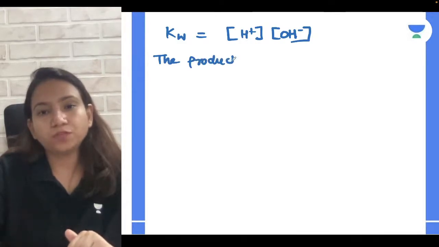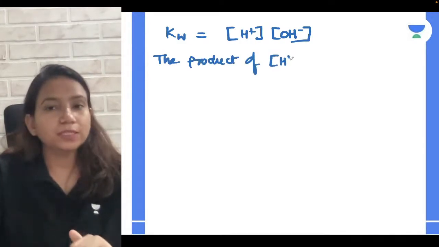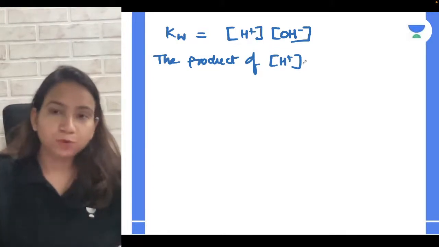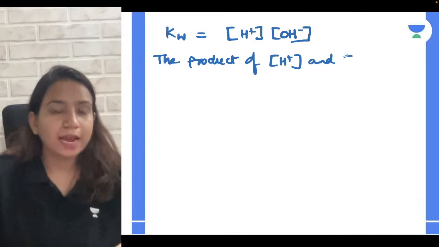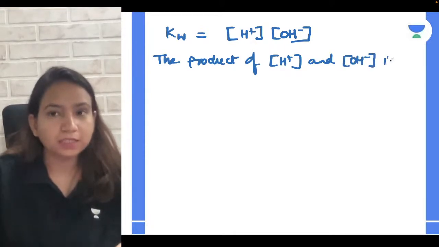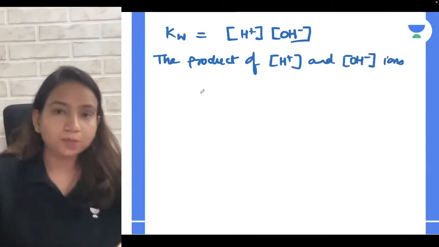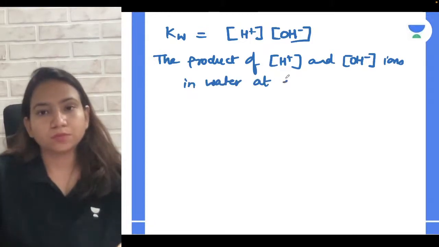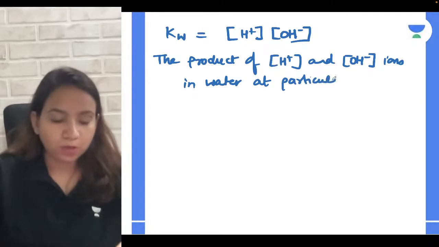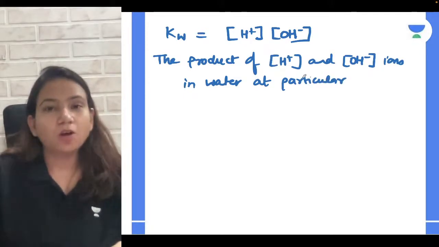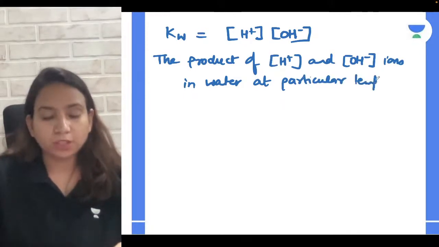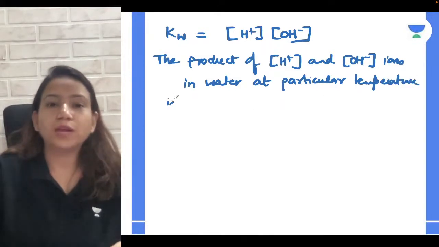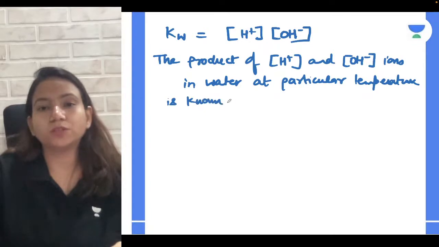The product of H plus and OH minus ion concentrations in water at a particular temperature is known as the ionic product of water.